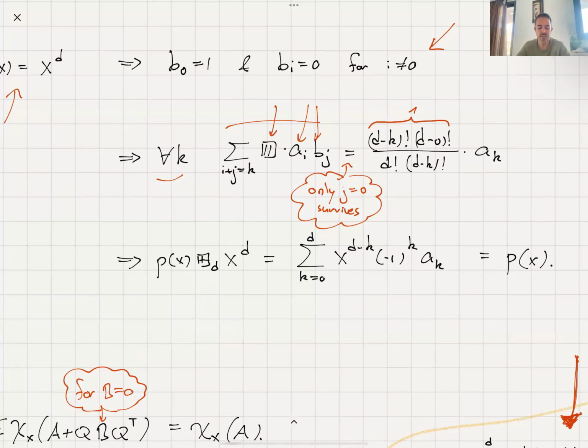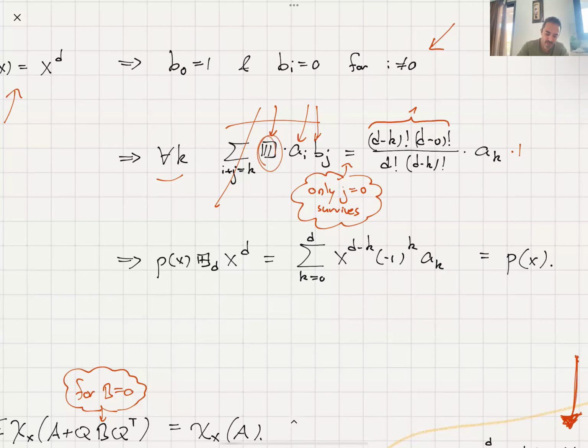Now the only j that survives is j equals 0, because only b_0 is non-zero, it's 1. So this entire sum goes down to just one summand, which corresponds to j equals 0, and therefore i equals k. So when j equals 0, b_0 is 1, so you don't see it. It's like times 1. And a_i is a_k, because only i equals k survives.